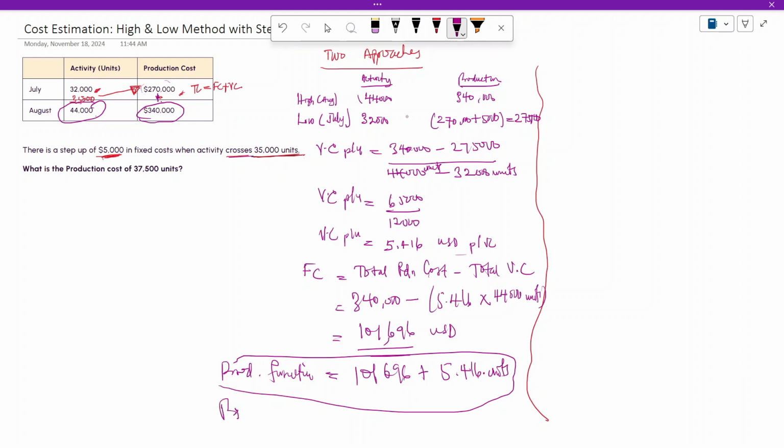So the production cost at 37,500 units is equal to 101,696 plus 5.416 times the units.